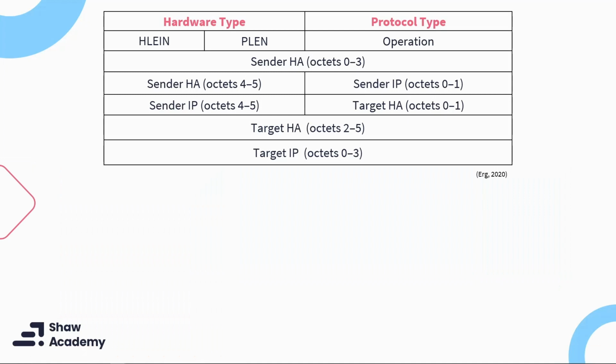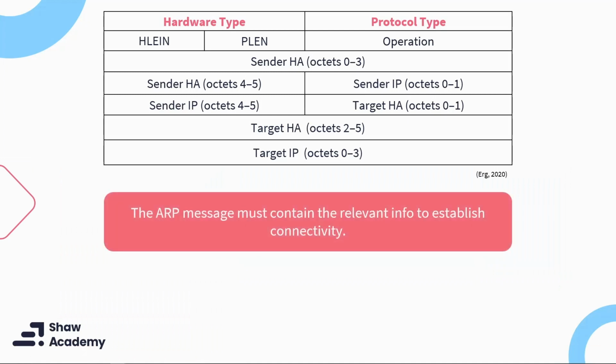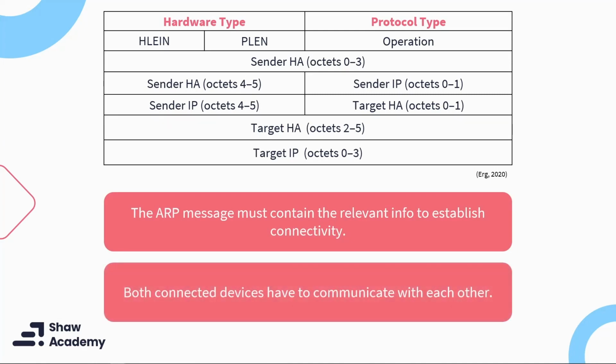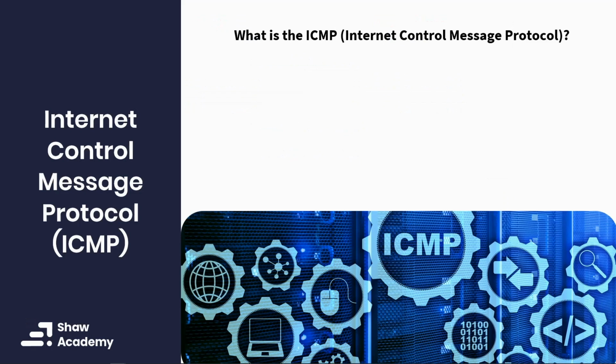From the diagram, we can see the ARP message must contain the relevant information to be able to establish connectivity. Now, for us to be able to establish connectivity, both connected devices have to communicate with each other. When we look at the ARP message in Lesson 8, we will use the Internet Control Message Protocol ping echo request to generate traffic between 2 connections so that we can explore the ARP request in more depth.